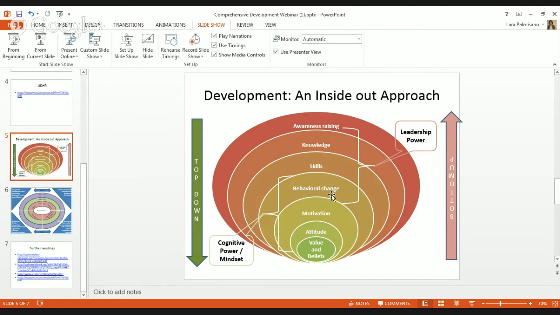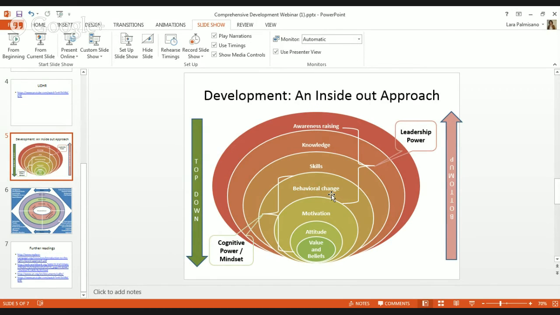In this scenario, the leadership power comes through the government and the state, which raise awareness through the community mobilization process, and then inculcate knowledge among the people, and provide skills to lady health workers and medical practitioners, so they can help by intervening in the community and changing their behavior, and also provide some incentives to motivate them, and some reading material or audiovisual material, so they can change their attitude towards the polio vaccination.